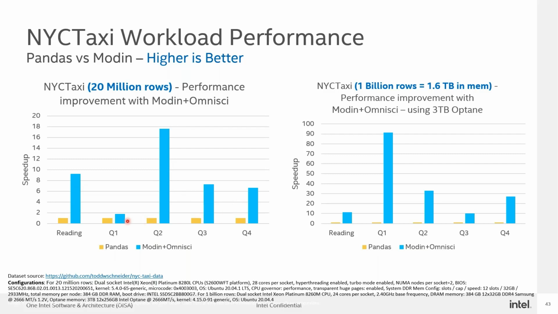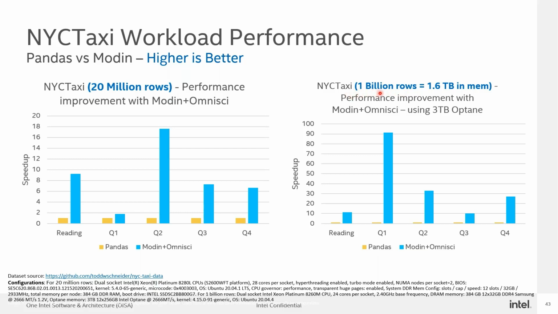So we can see that for some data sets, it is almost double the speed of pandas. For some of the sub data sets, it increased to almost 18 times better performance than pandas for this small size of data.